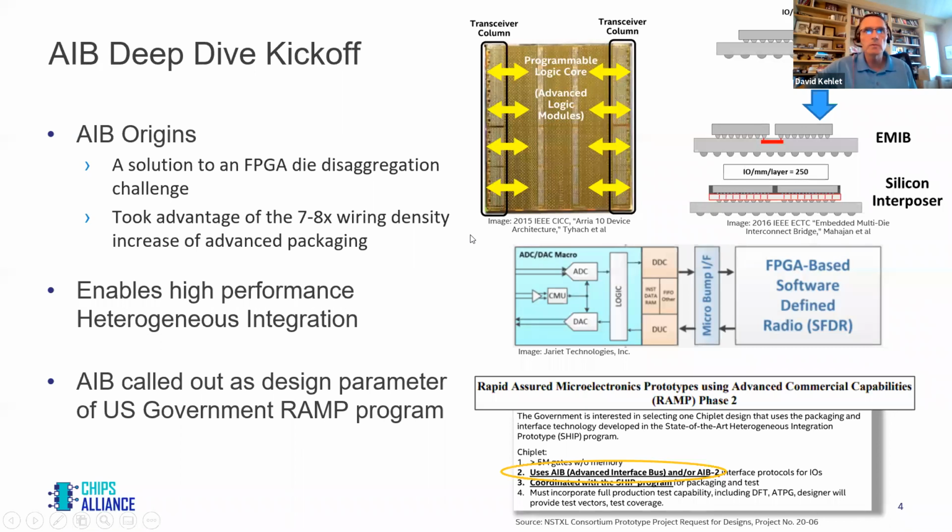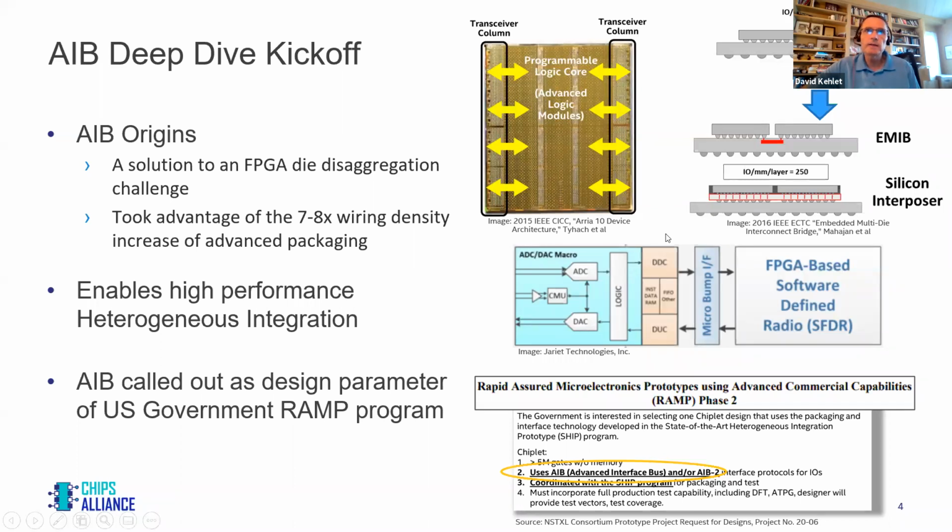The immediate question was, how could we connect the FPGA core built on Intel's high performance digital process to our TSMC process SerDes designs? Now, Intel had earlier invented EMIB, which gave us 7 to 8x the bandwidth density of standard packaging. So we built the AIB PHY using EMIB to bridge between our FPGA core and our transceiver chiplets.